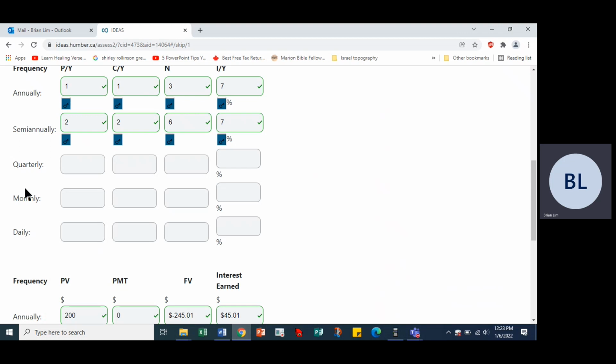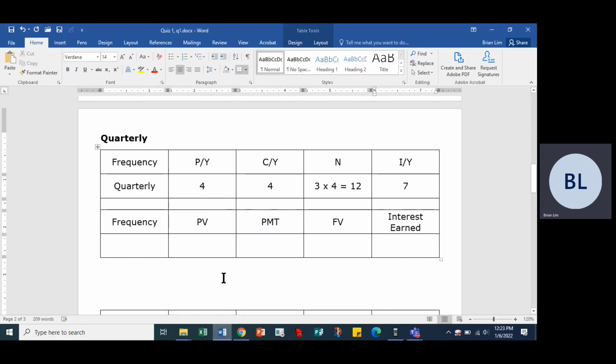Okay, so we did the first 2, now we're doing the last 3. So quarterly is for there, the frequency, yes, we just duplicate it to keep in sync with the question on the quiz.